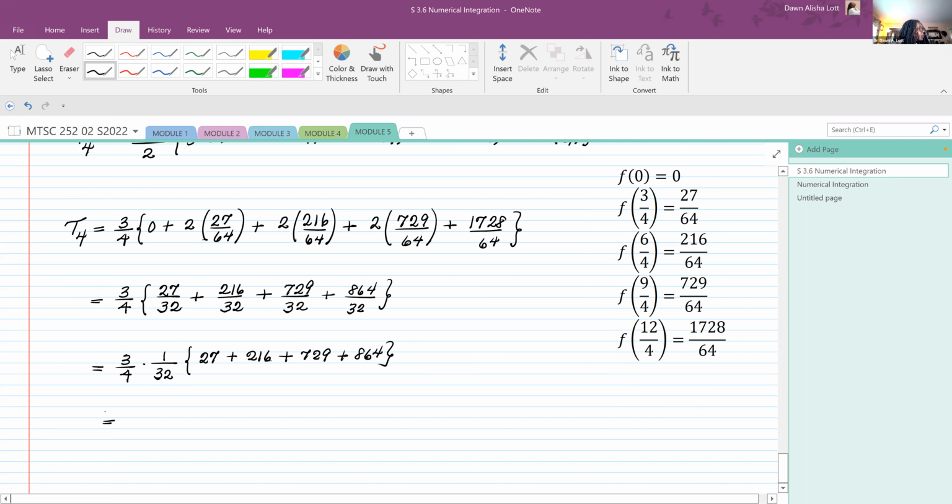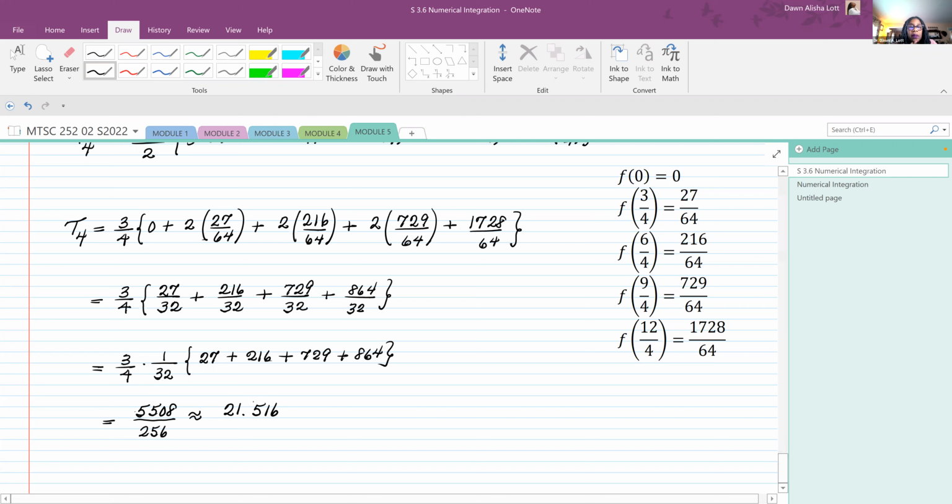And that comes out to be 5,508 over 256. And that is approximately 21.516. Okay, so that's the estimate I get using the trapezoidal rule.